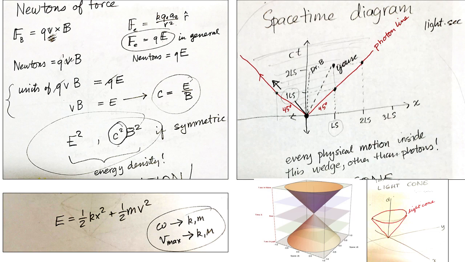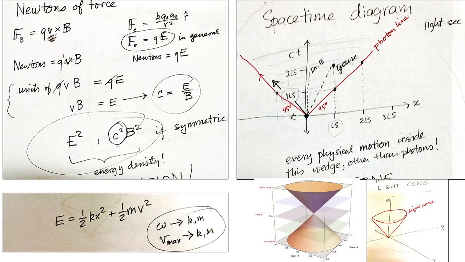And if you're going backwards, let me extend the x-axis over here. Here's your photon line for leftward going photons. So these are basically 45-degree lines. This is 45 degrees, and this is 45 degrees over here.